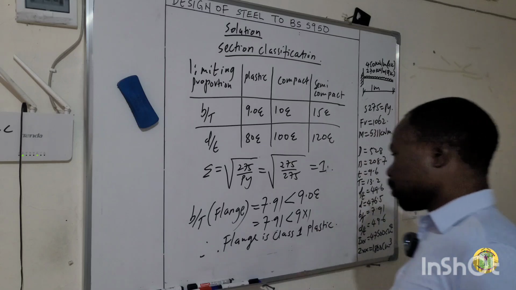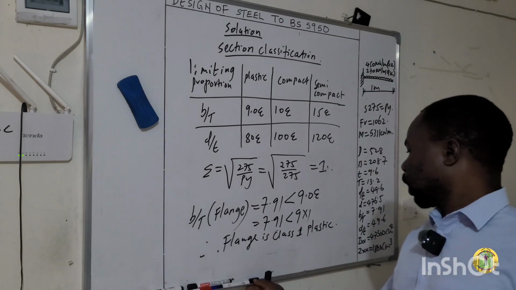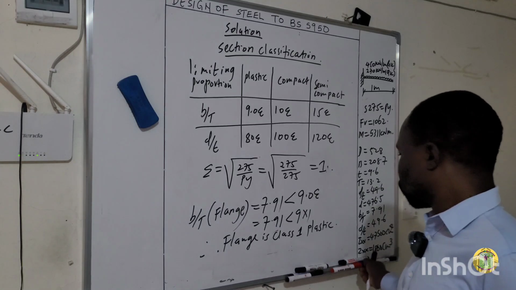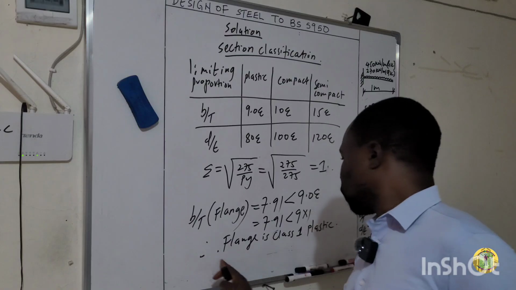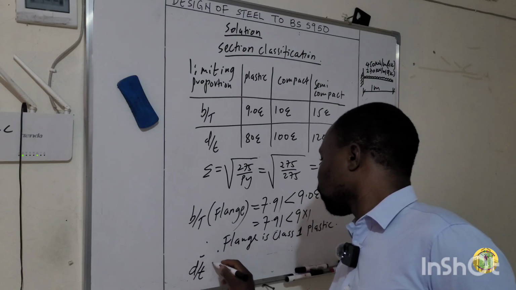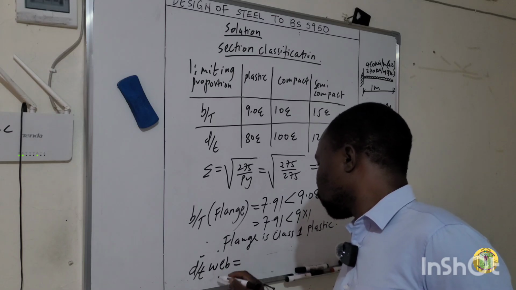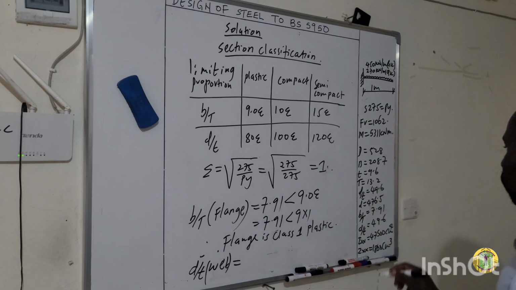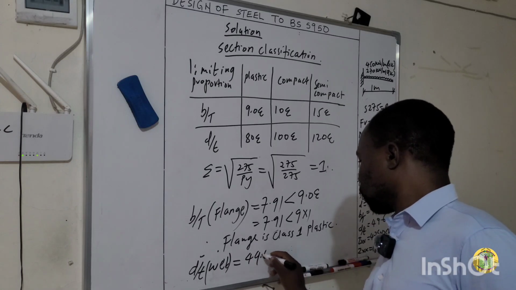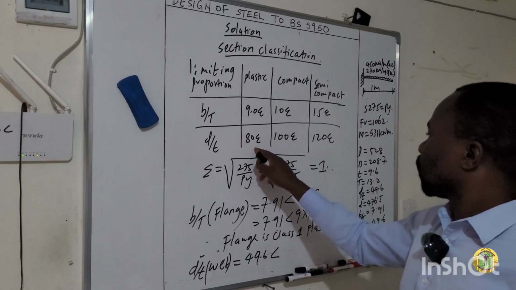We proceed to the web. So for the web, we will use d over small t. So d over small t is equal to 49.6, and it must be less than 80, as you can see here, it falls here.